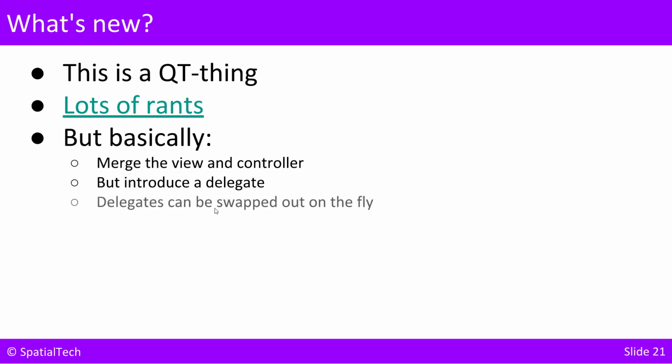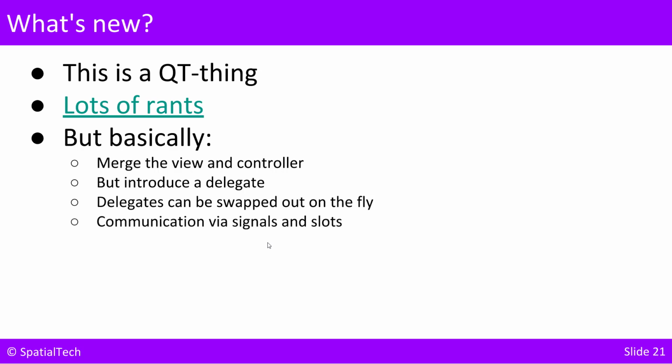And delegates can be swapped out on the fly. They're just trying to be clear about what they've done in the back end for their controls. Again, this micro view of controls within the application.